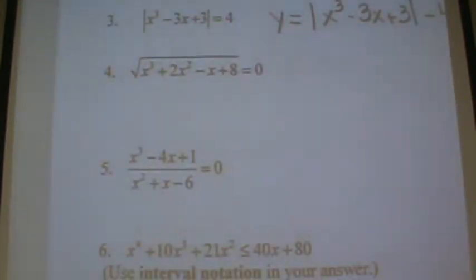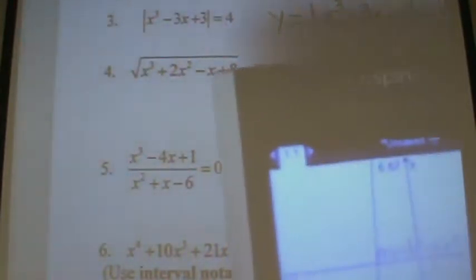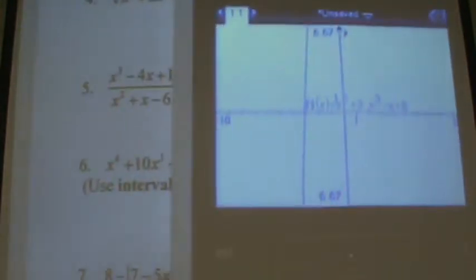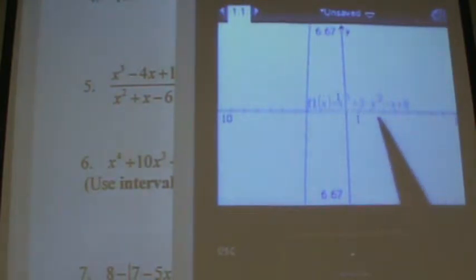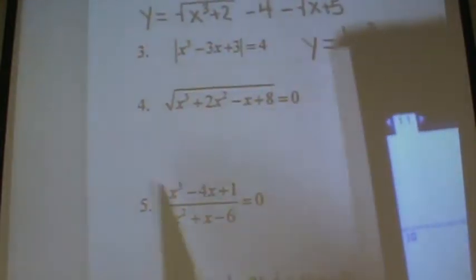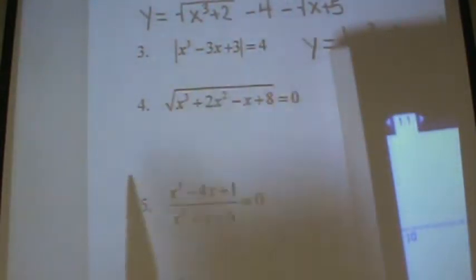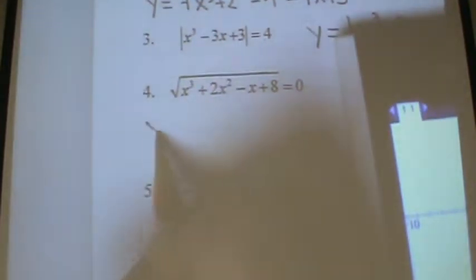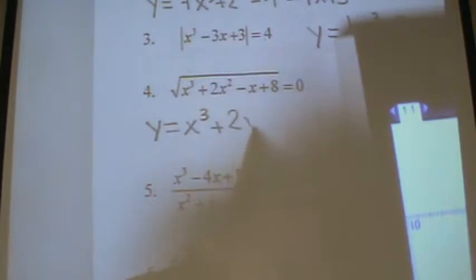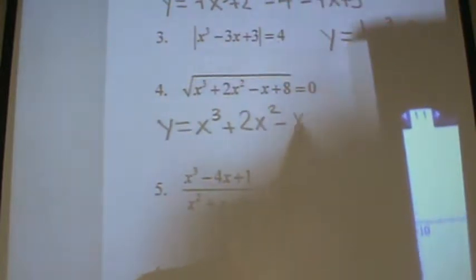Okay, number 4, how does that one get typed in the calculator? What do you type in? Only the stuff underneath the radical. Do not, on this one, type in the square root, or you won't see the answer. So for number 4, you're just going to type in x cubed plus 2x squared minus x plus 8.